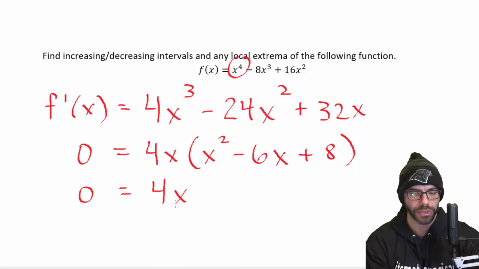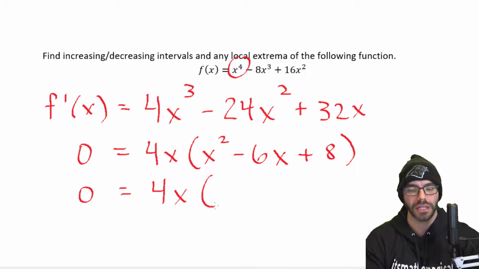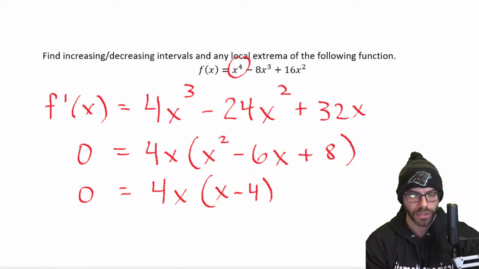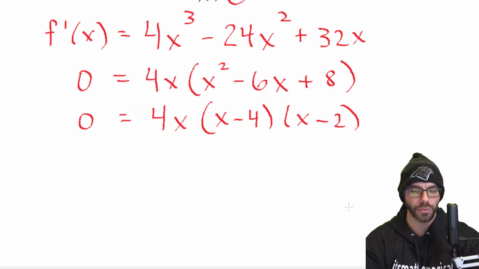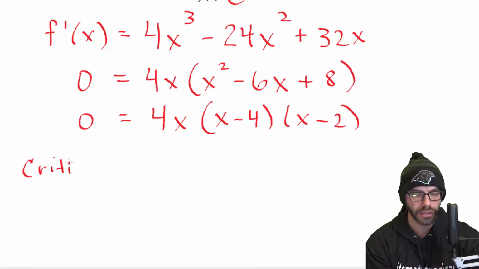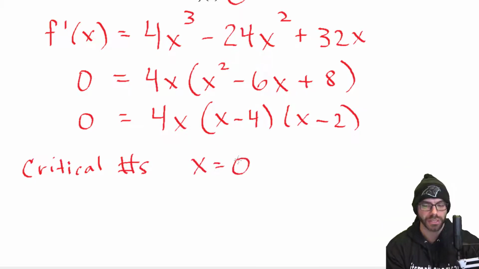So 2 numbers that multiply to be positive 8 and add to be negative 6 would be x minus 4, x minus 2. So our critical numbers would be x equals 0, x equals 2, and x equals 4.